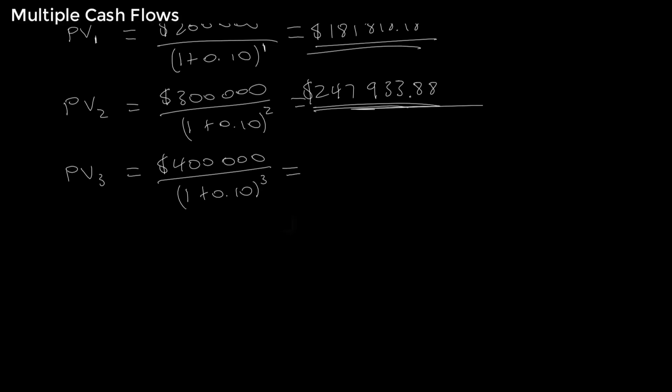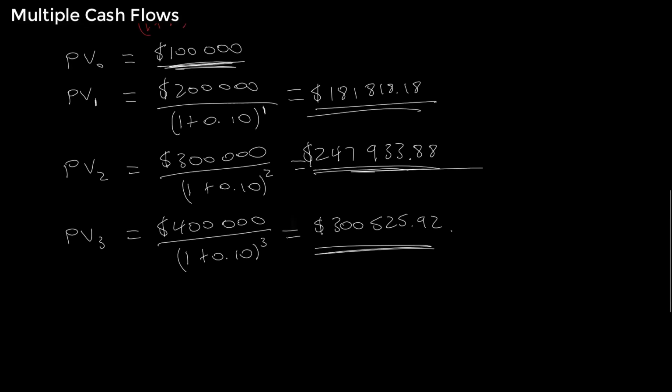And if you evaluate this term here, you get $300,525.92. Okay, so now that we've calculated the present value of each of these cash flows, so the present value of the cash flow received in year 1, 2, and 3, all of these cash flows are now presented in terms of time 0.